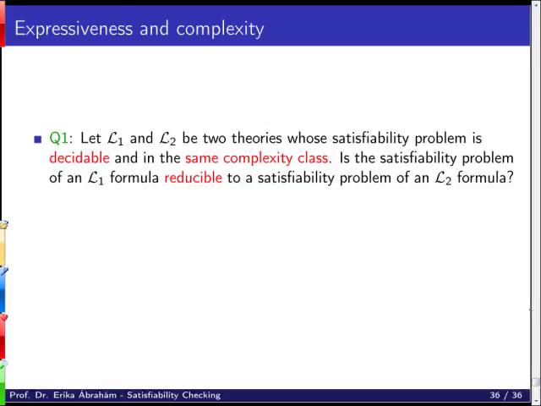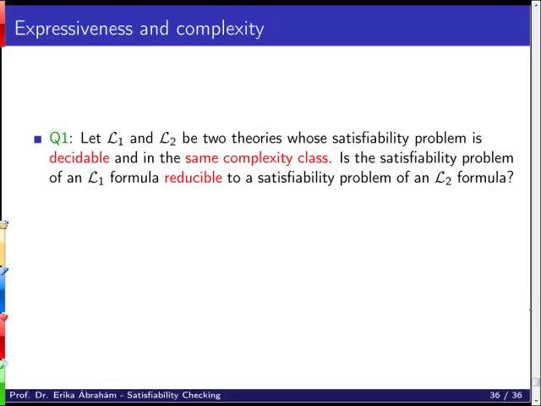So assume that the decidability for L1 is polynomial and for L2 is exponential. Then both are in the same complexity class NP. And especially, for both L1 and L2, there is no smaller complexity class. Then the set of complexity classes they are included in is equivalent. Okay.